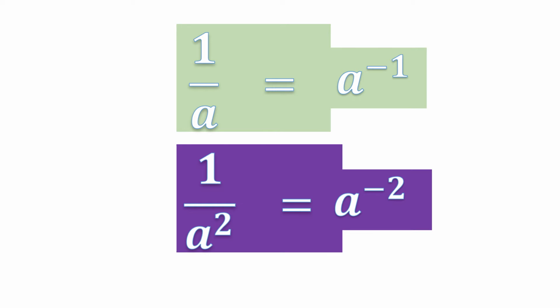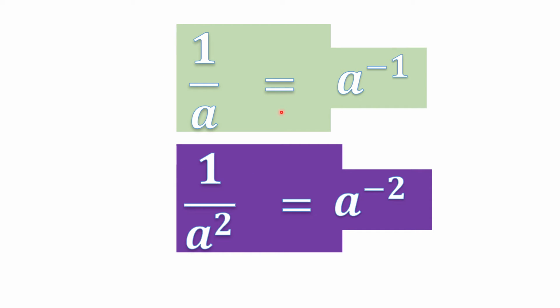Now look at this expression, 1 by a. In order to show that a is in the denominator, I can write the same number as a raised to minus 1. So when you see a raised to minus 1, you have to automatically know that a is in the denominator and 1 is in the numerator.